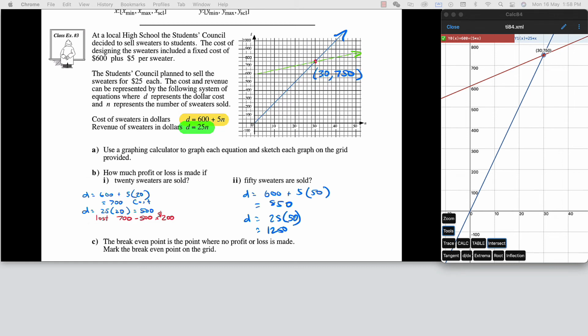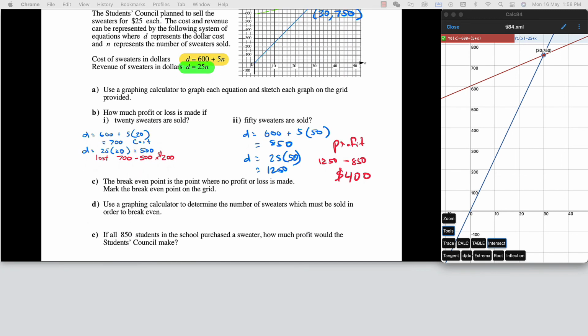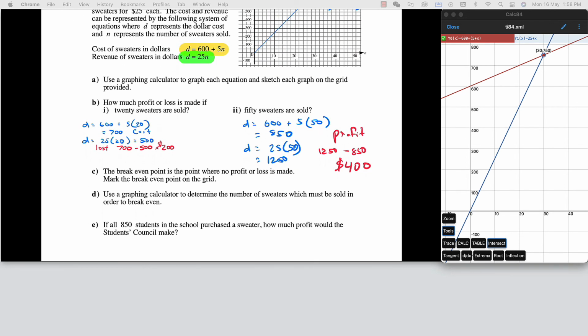So yes, we made a profit, and the profit was the 1,250, which I made, minus the 850 that it cost to get it made, which gave us a $400 profit. Okay, so the break-even point, again, that is where the two lines crossed right there. So that was going to be at 30 sweaters, costing $750.